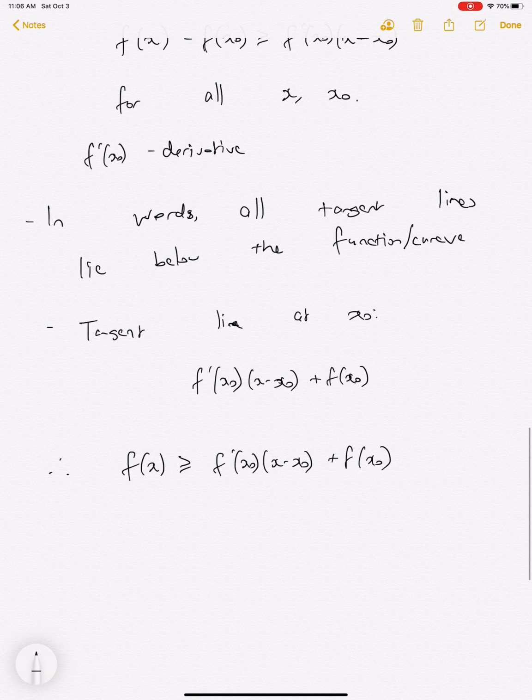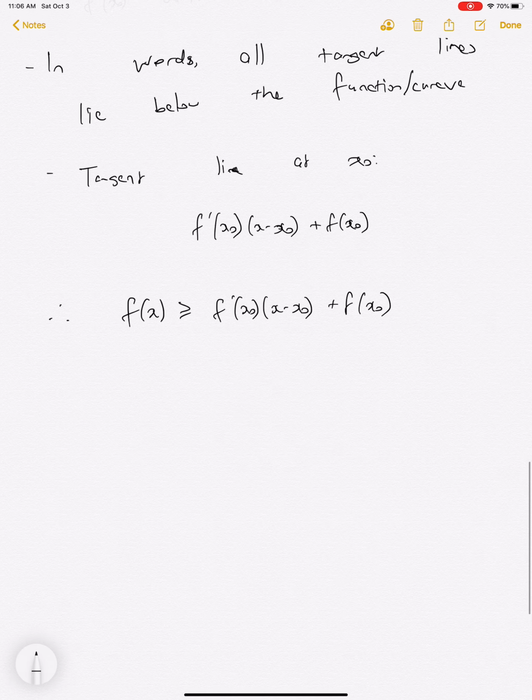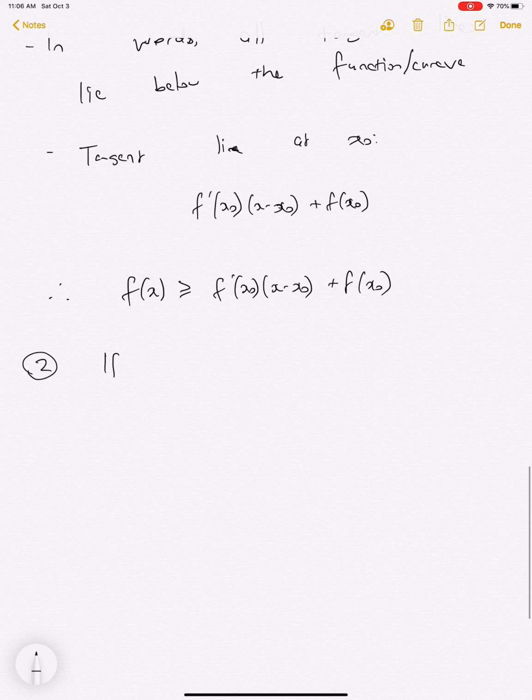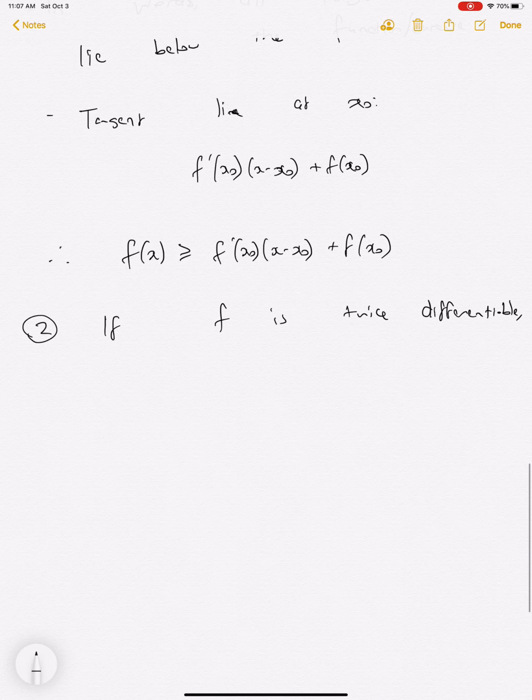And similarly, if f is twice differentiable, then f is convex if and only if f double prime of x is bigger than or equal to 0.